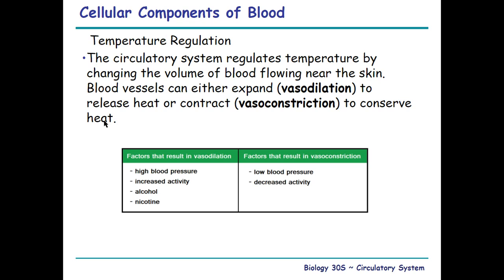This is called vasoconstriction, to conserve heat. Factors that result in vasodilation are high blood pressure, increased activity, alcohol, and nicotine. And factors that result in vasoconstriction are low blood pressure and decreased activity.